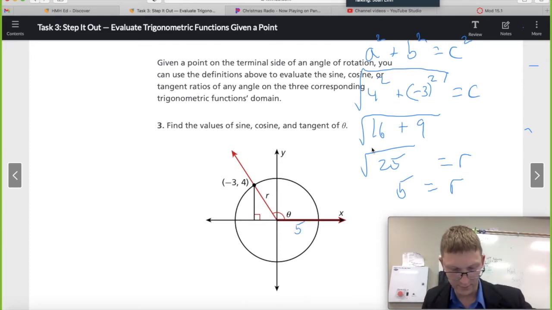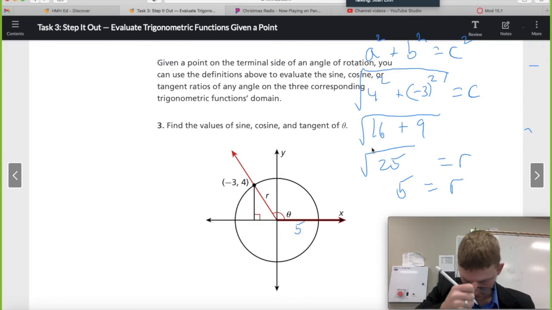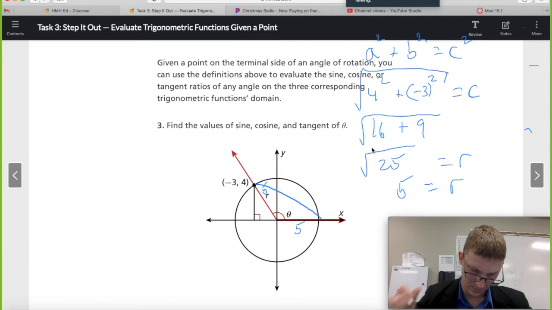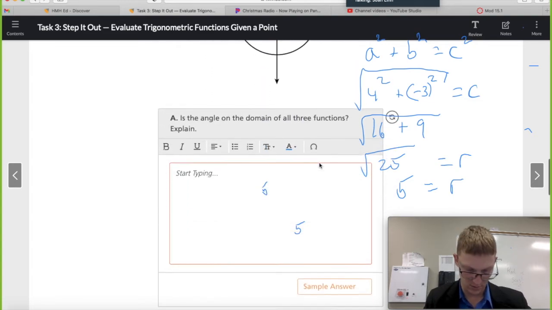So that's 5. This one right here is 5. And then we can connect these 2 points, although we don't have a right triangle. Alright, let's see what they did.